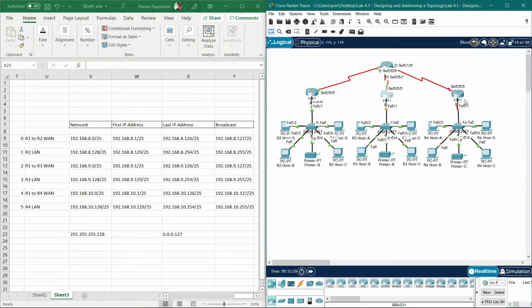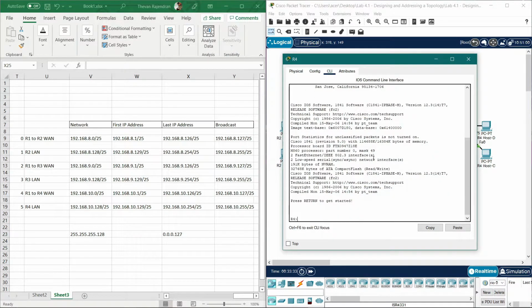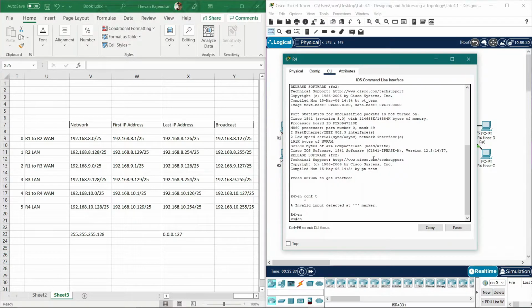So that's for the R3. Now for the R4, also the same commands with different IP addresses.